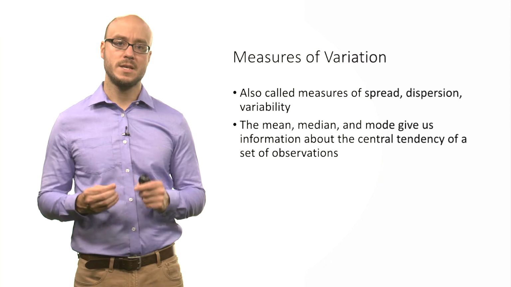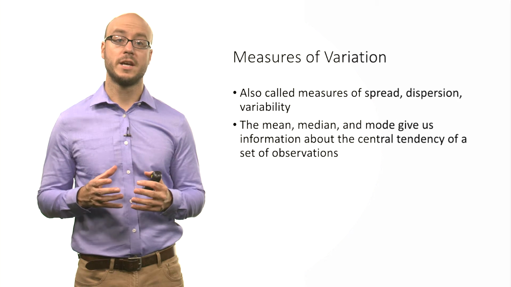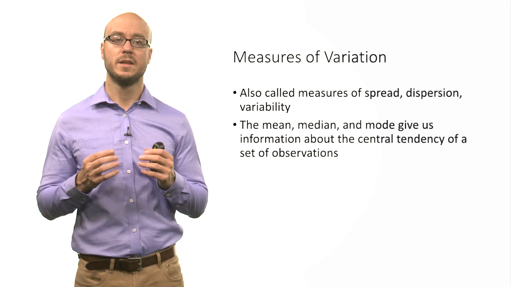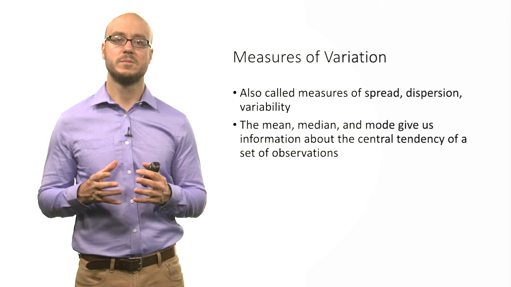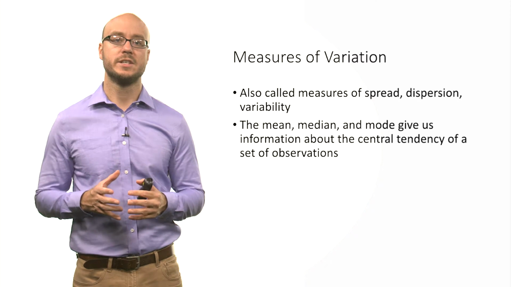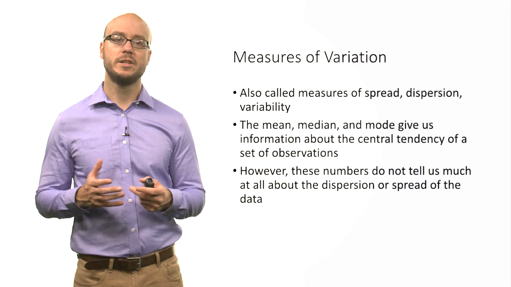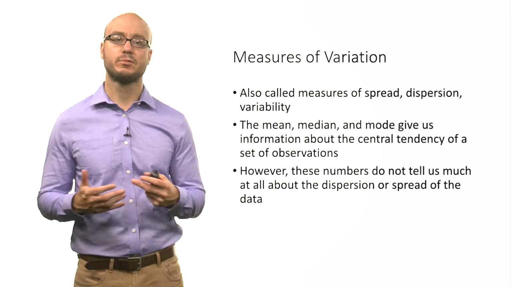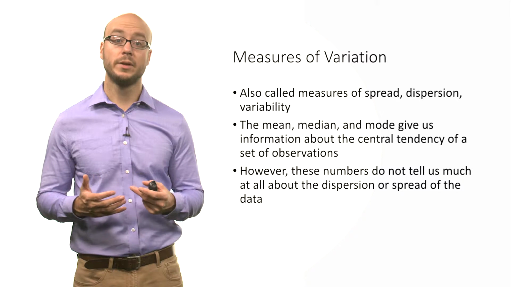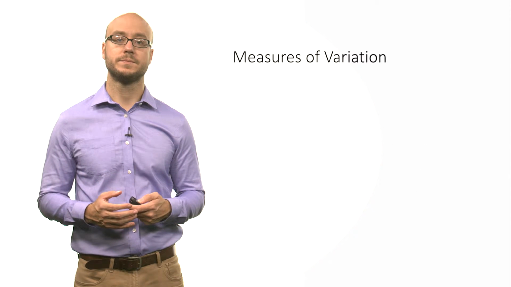When we talk about the mean, the median, and the mode, those measures of central tendency, they give us information about the middle part of a set of observations. It gives us an idea of what the typical observation is in a set of observations. But these measures really don't tell us much about the spread, the dispersion, the variability of the data. And for that, we talk about measures of variation.